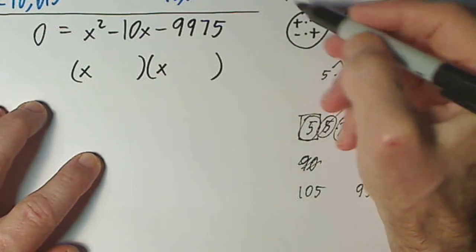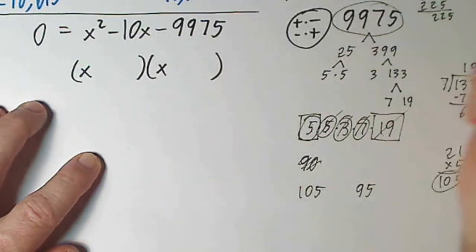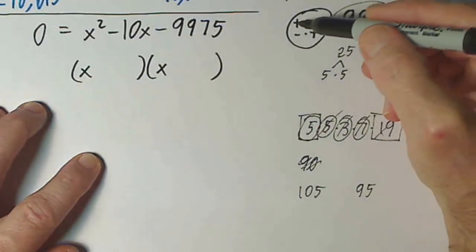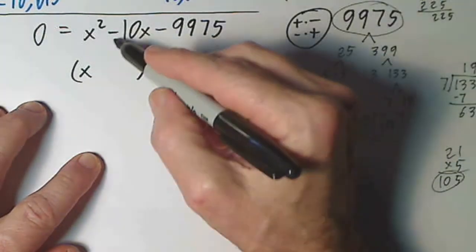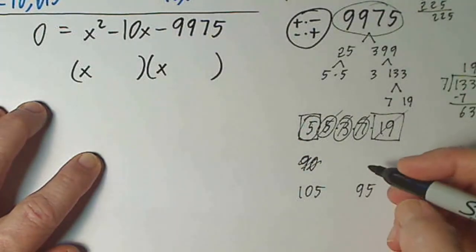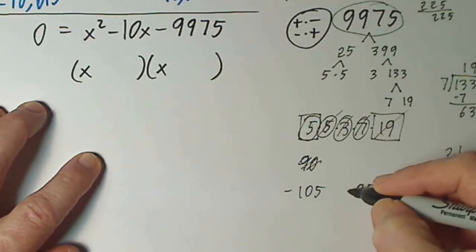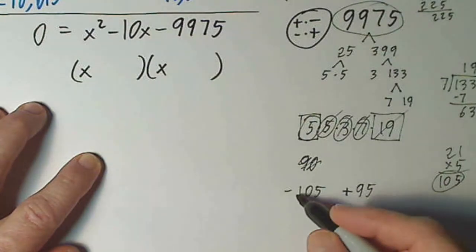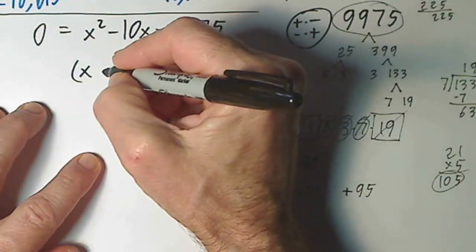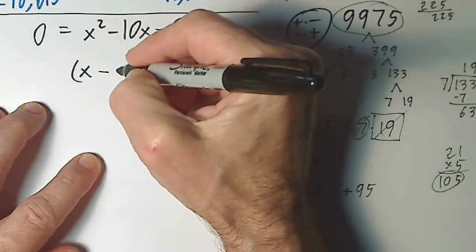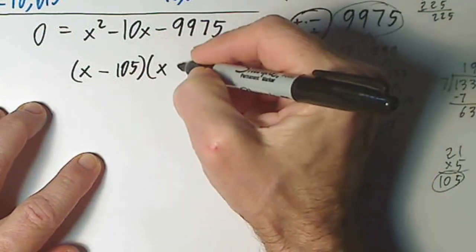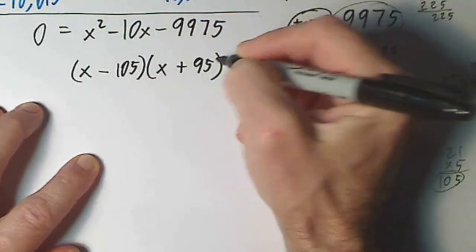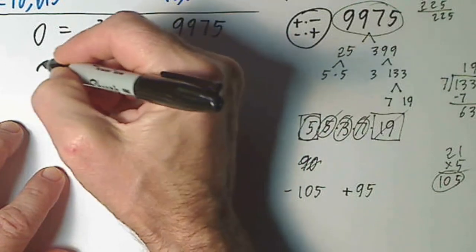That's the only way you can get a negative product. So the signs are different. That means I want a difference of negative 10, so the larger one is negative and the smaller one is positive. So I have x minus 105 times x plus 95, and this is all equal to 0.